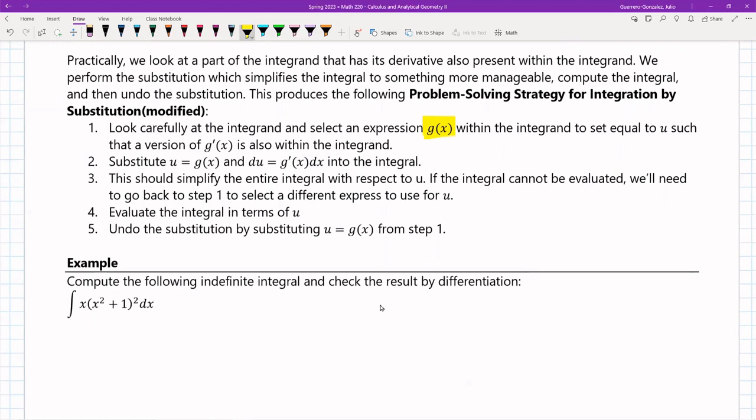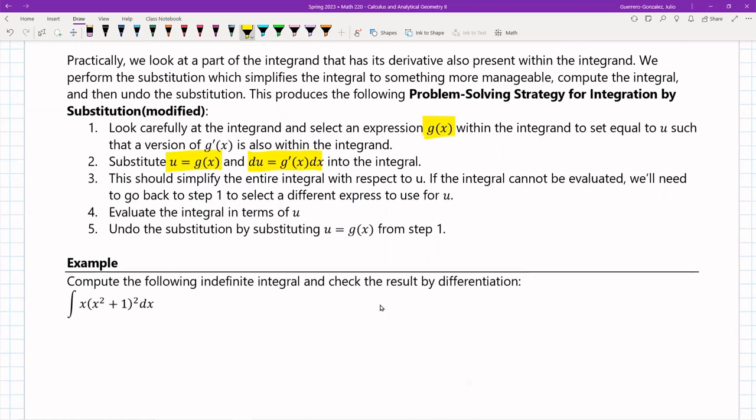You're going to be looking for that expression g of x such that a version of the derivative of g of x, some version of g prime, is also somewhere in the integrand. And that's the thing that you're going to let be the u. You have to take the derivative of the u, so that's where we get the du dx.